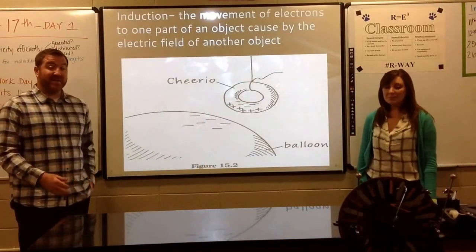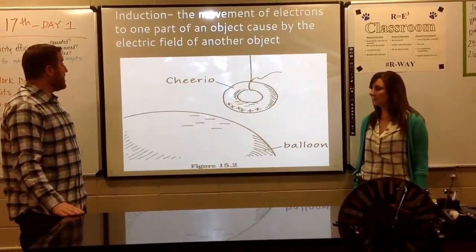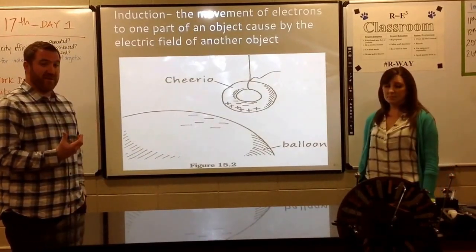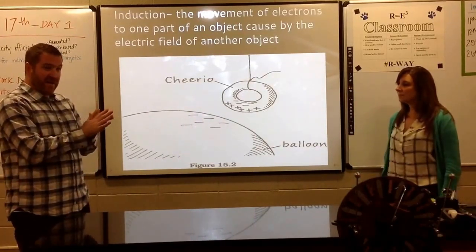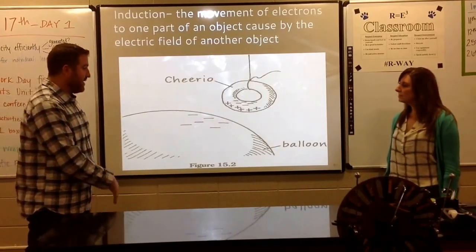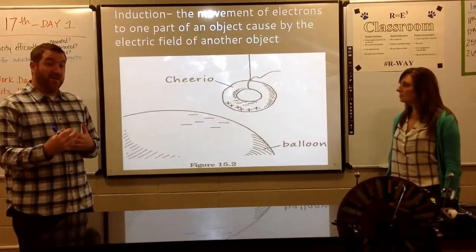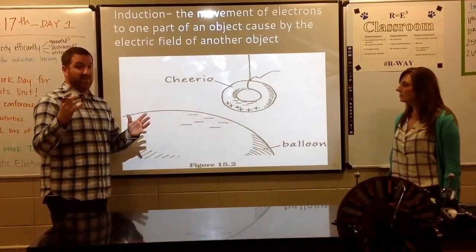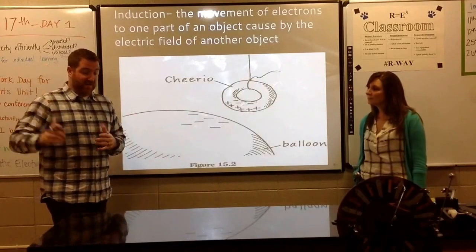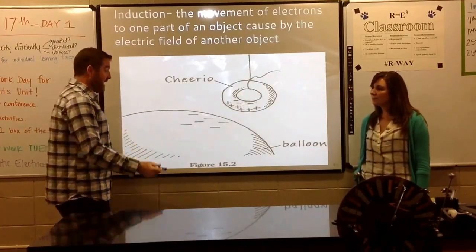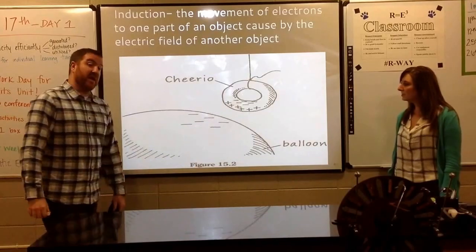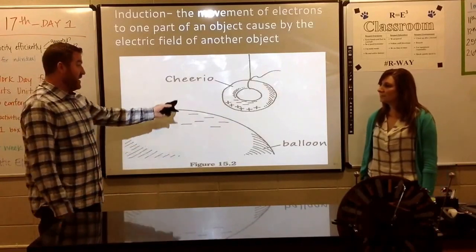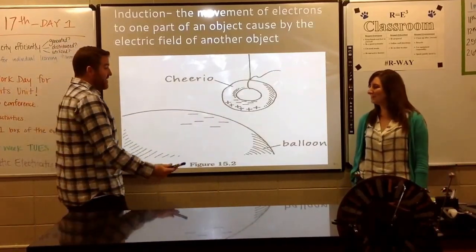All right, the third and final type of charge transfer is known as induction. Now, I think of the three, this might be one of the more difficult ones to grasp, because we're not touching objects together, without rubbing objects together. Here we're actually going to move charge based on the charge of something else. So if you think about the balloon that we charged up before, by rubbing against a piece of wool or your hair, again, we're going to place those negatively charged electrons on that object. The addition to this experiment here is we're bringing in a Cheerio, which has a neutral charge.